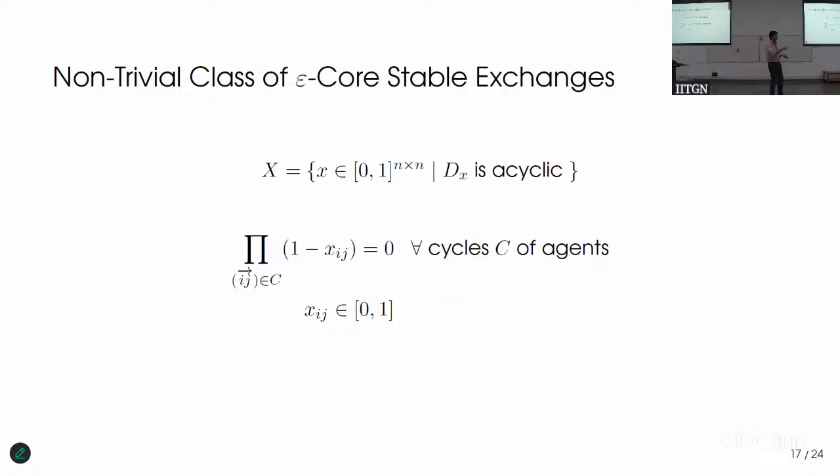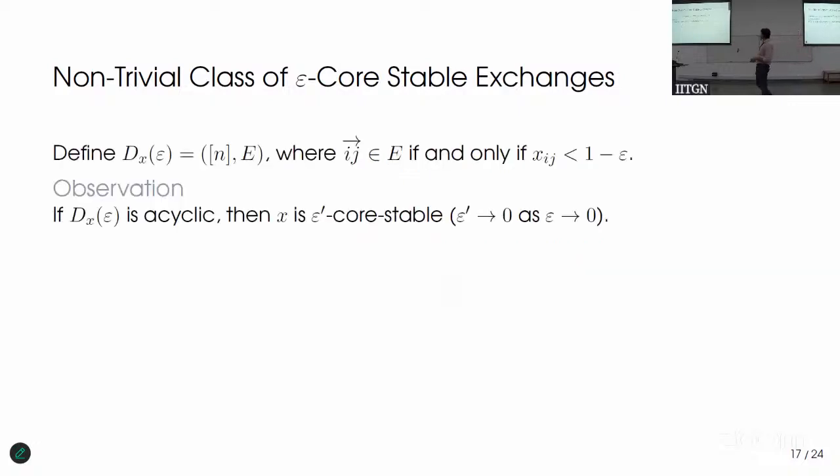This means that in any cycle, for at least one of the edges, Xij equals 1, and this edge is not present in the dependency graph. This ensures an algebraically equivalent representation of all exchanges where the dependency graph is acyclic. This is clear, but still this set doesn't have the desirable properties that we need.